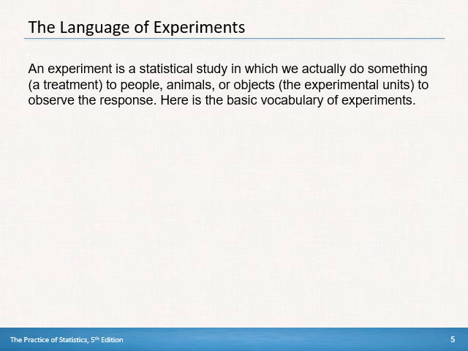All right, so some terminology. An experiment is a statistical study in which you're actually doing something to the experimental unit. What you're doing is called the treatment, right? What you're imposing on those people, or the animals or objects. You might give one group of people a new headache medicine to see if it reduces migraines.